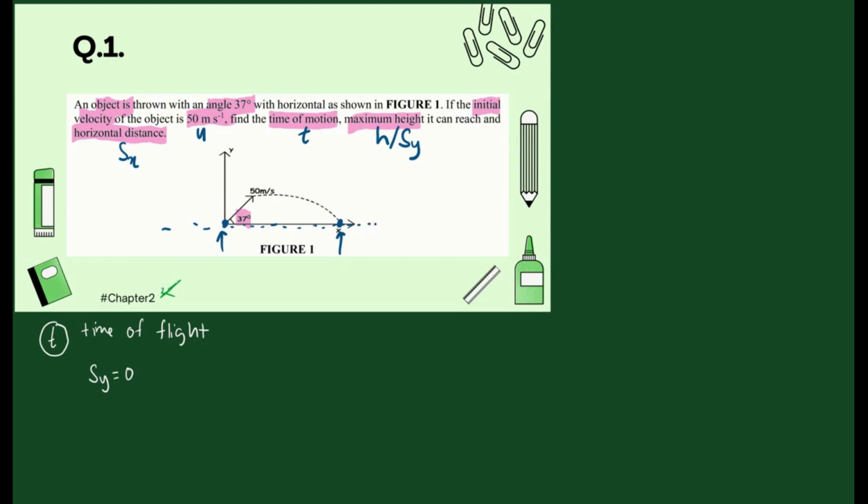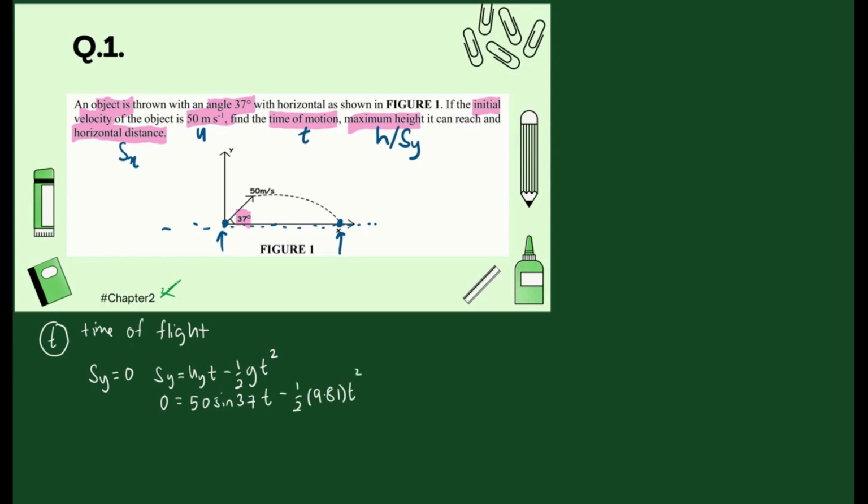0. For using this information, we are applying the equation SY is equal to UY T minus half G T squared. So we substitute SY as 0. Our initial velocity for the y-axis is 50 sine 37, T minus half, G is 9.81, T squared.